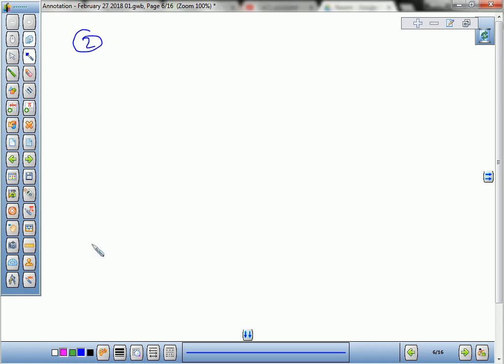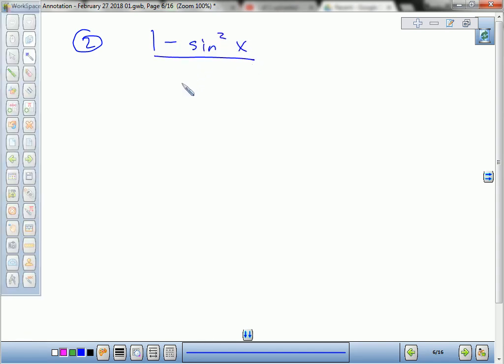Example 2. So, if I had 1 minus sine squared x over cosine of x, and I ask you to simplify this. Okay. Now, let's think about that cosine squared theta plus sine squared theta equals 1. What could I do?